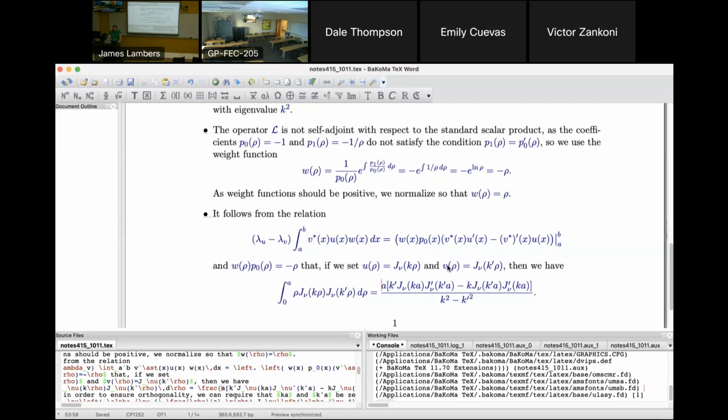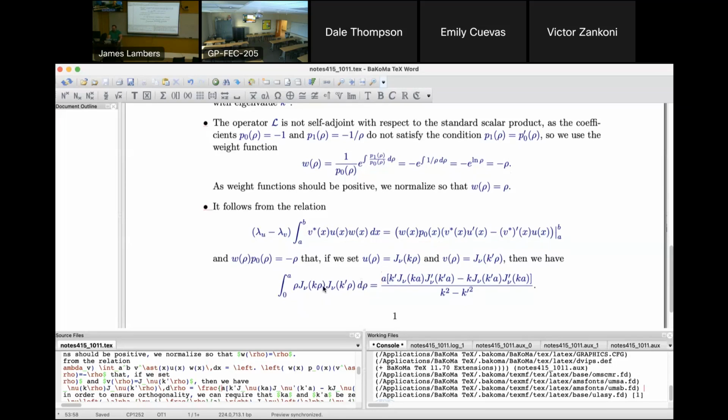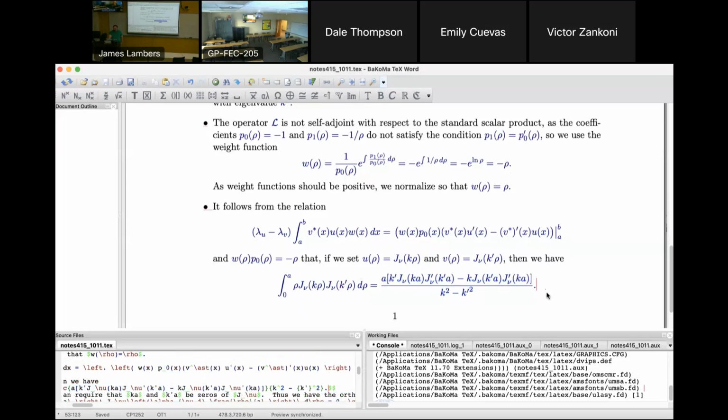Okay. Now, we want these functions for k and k prime distinct to be orthogonal. That means we want this whole expression to be 0. So that would be achieved if both k a and k prime a turned out to be roots of the Bessel function J nu.